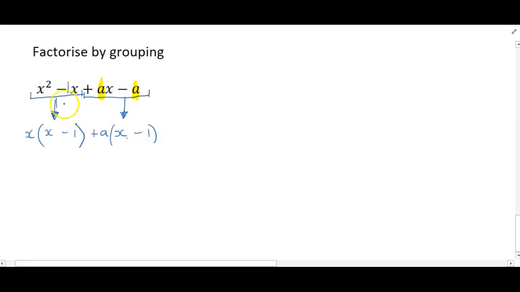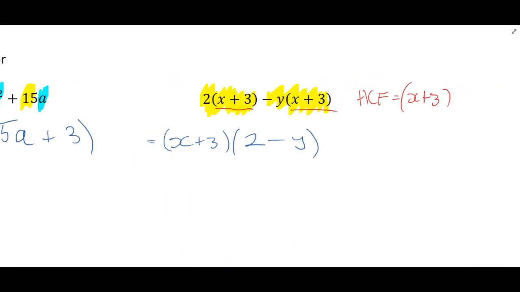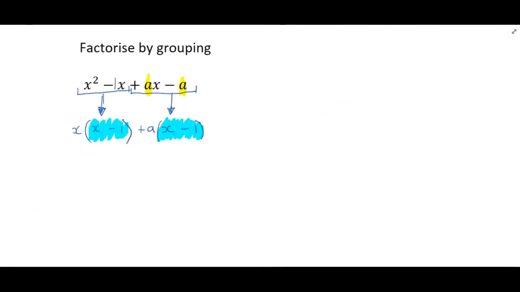You can also take out negatives, which will change the sign here. This is quite a simple example, but in most of these you'll be left with another expression you can factorise. Remember we did these up here: when you have two terms, the term in the bracket becomes the highest common factor. So we take out x minus 1 in brackets, and what's left is x plus a.